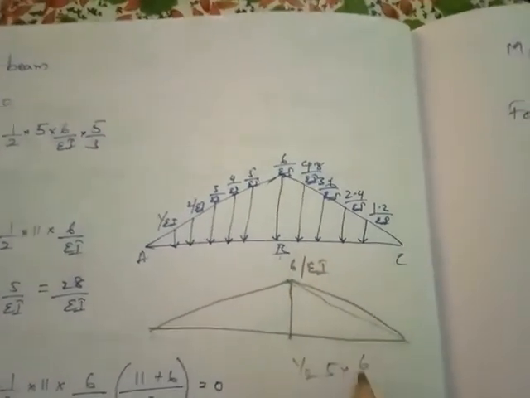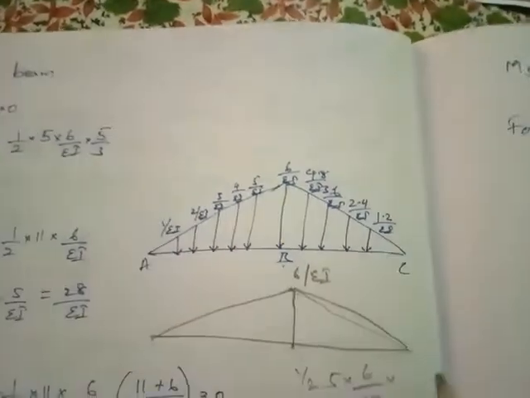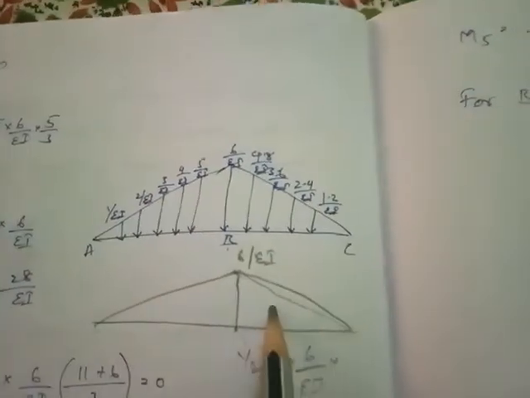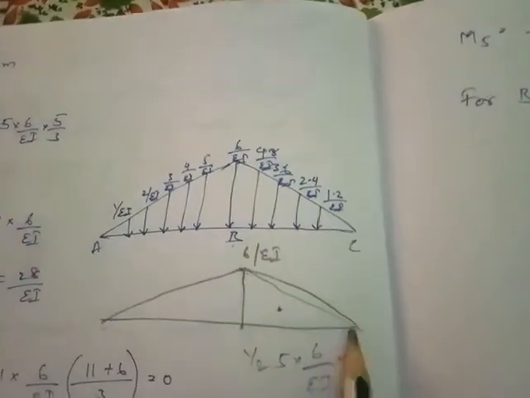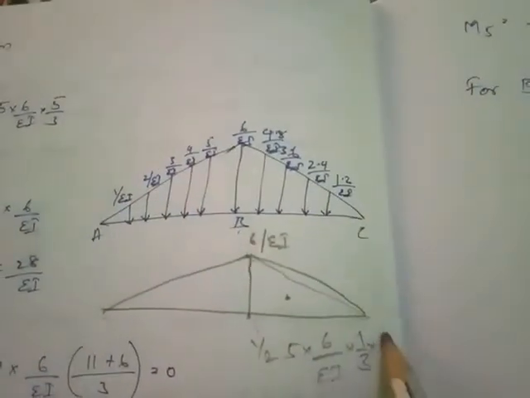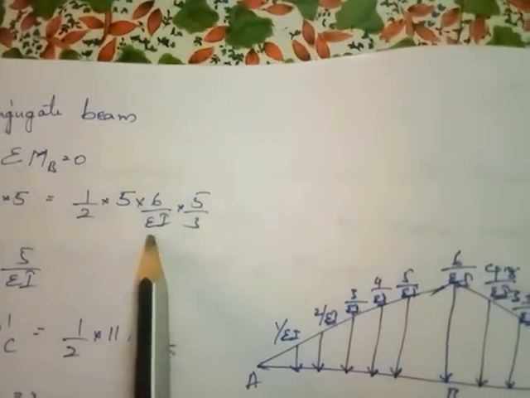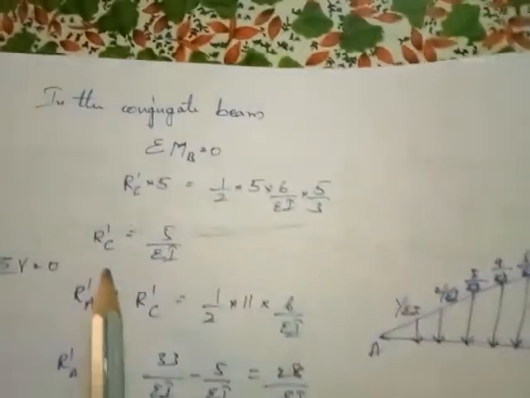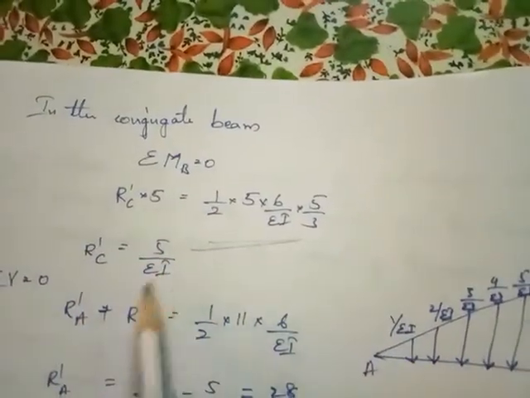The load is 6 by A, and one third of the length is the center of gravity. To calculate the moment we will take the CG as the distance. So CG for this from the right hand side is one third of the length, that is 5 meters. So totally we represent it as 1 by 2 into 5 into 6 by A into 5 by 3. With this we find the value of RC, that is 5 by EA.